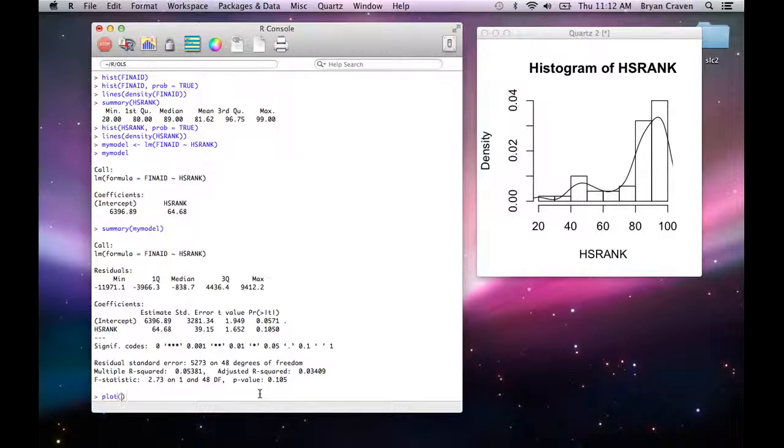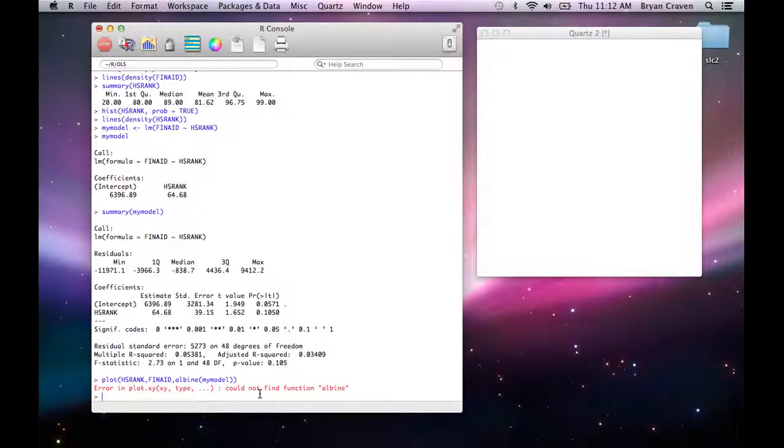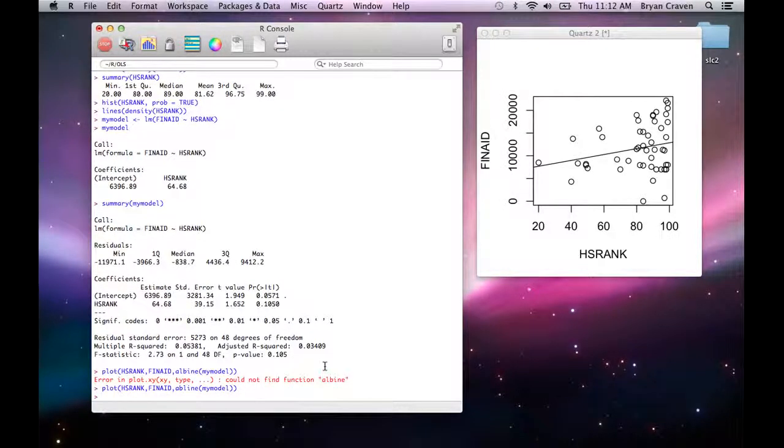So we're going to say plot of HS rank, and then FinAid, and abline of my model. And I typed abline wrong, and that happens. Let's try that. Excellent.